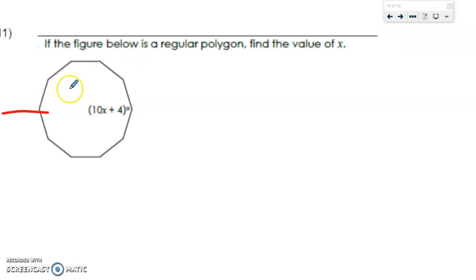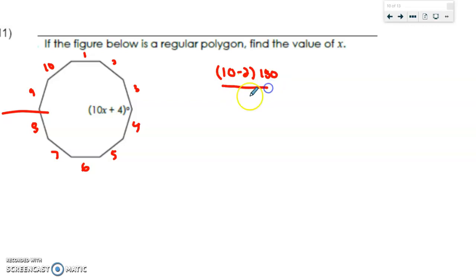Okay? So we're going to use that here, where we're trying to figure out what x would be in this situation. First thing we've got to do is figure out how many sides this has. This is 1, 2, 3, 4, 5, 6, 7, 8, 9, 10. So it's a decagon. We're going to take the 10 sides, subtract 2, multiply it by 180 to figure out how many degrees there are, and then divide that by 10 to figure out what each of those angles would be.